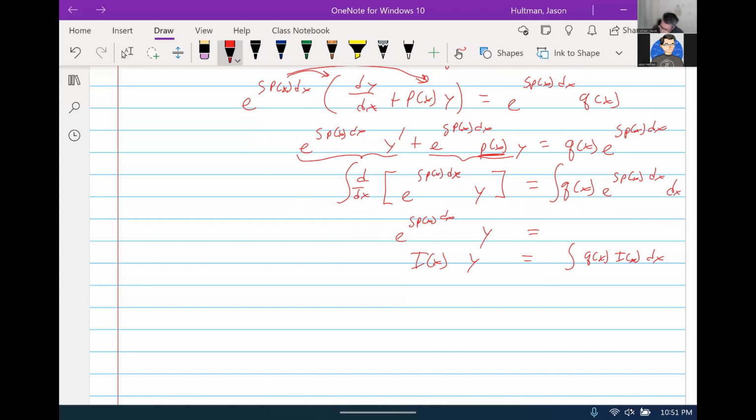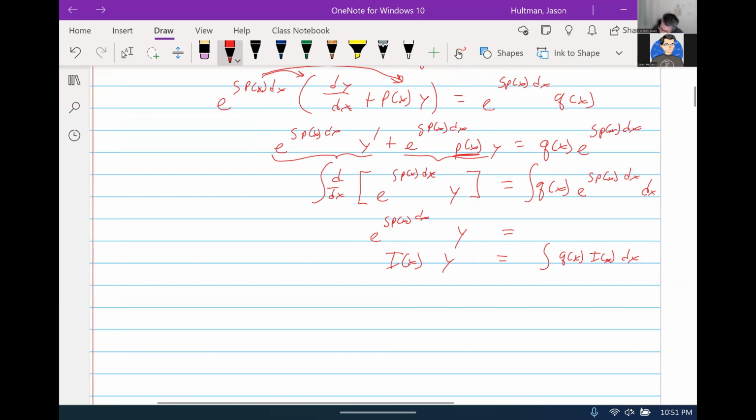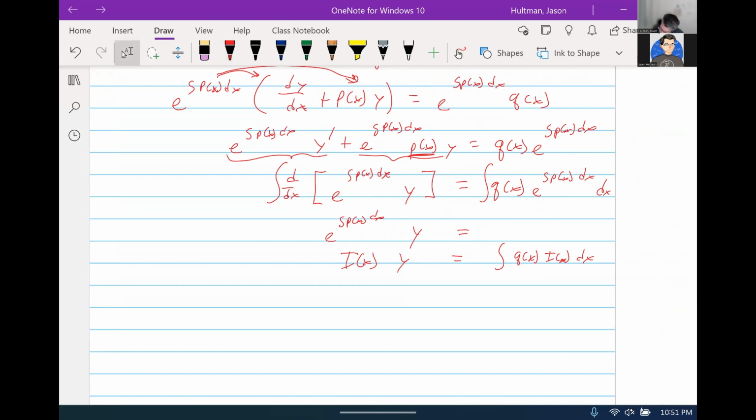Okay, and then I would divide by I of X, keeping in mind that this integration is going to create a constant, and that constant would then be divided by I of X. So just keep that in mind, that we don't just get a constant on the end, we get a constant divided by I of X. So I'm going to say this is the integral of Q of X times I of X dx, all over I of X, plus some constant of integration, over I of X.